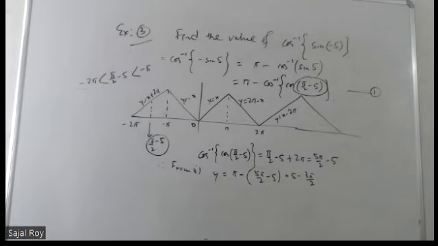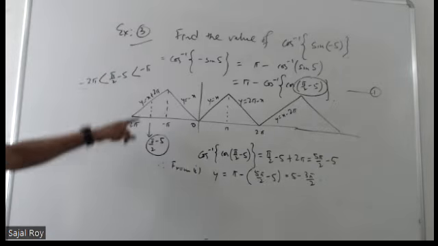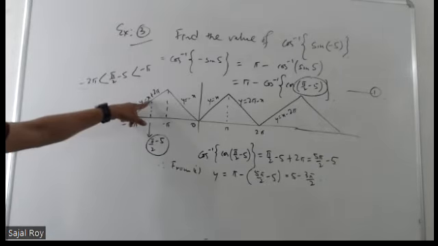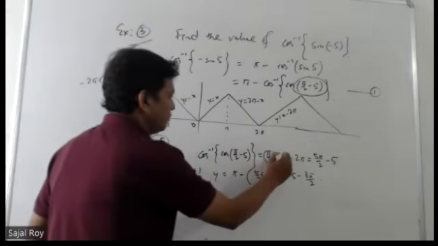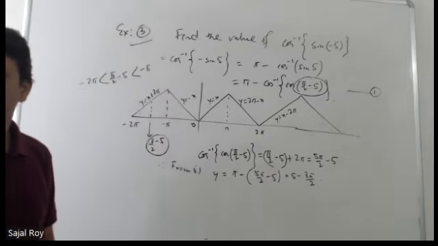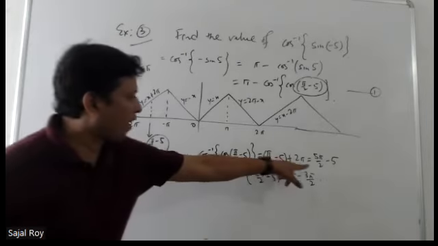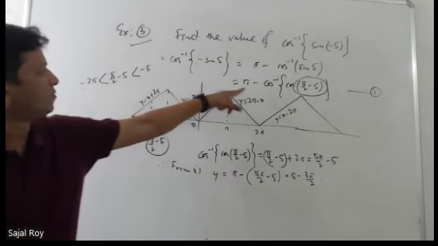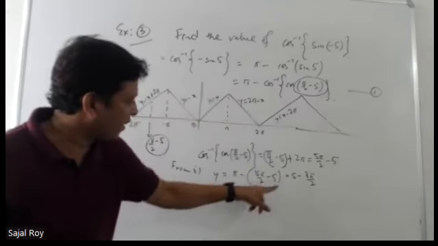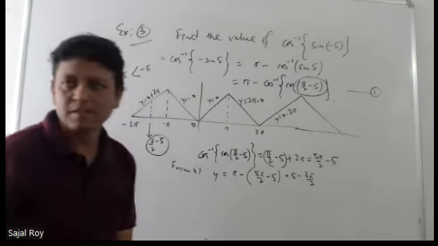That's it. Yes, I'm using this x plus 2 pi. What is your x? Your x is pi by 2 minus 5. But this is not your final answer because you have pi minus this. So I have written pi minus this.